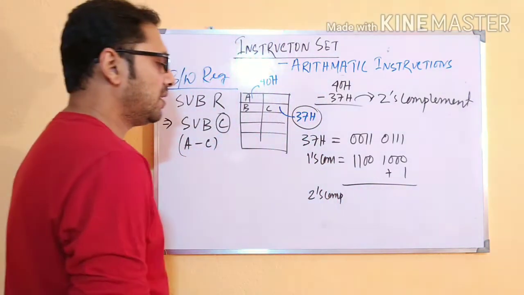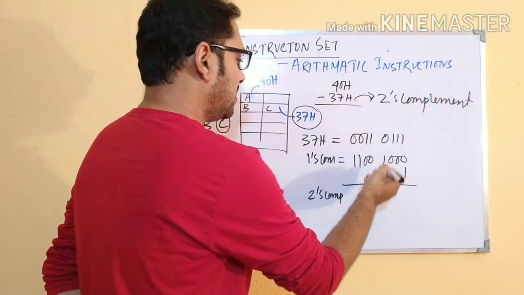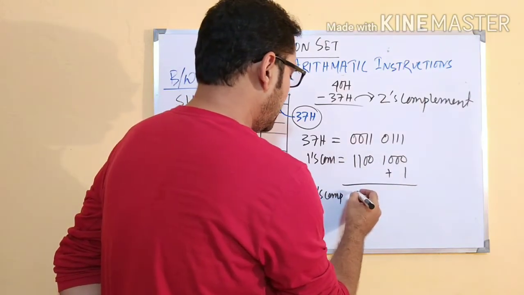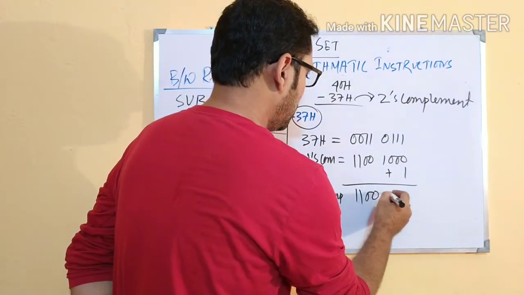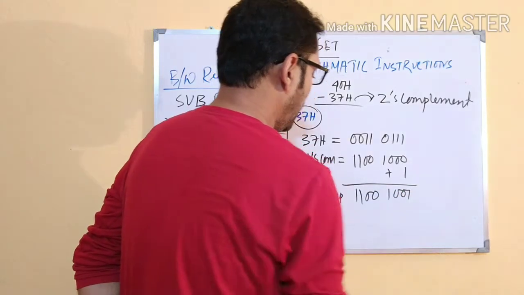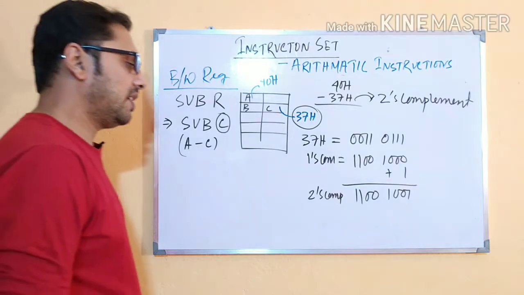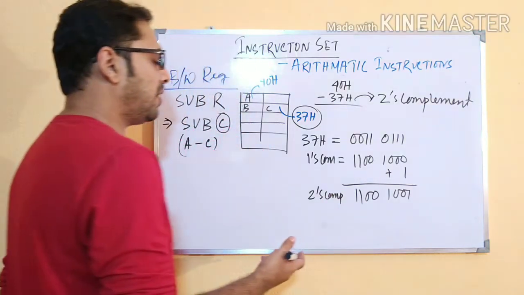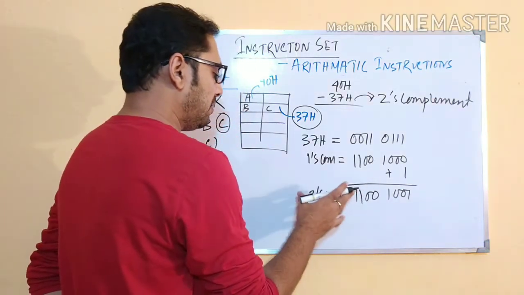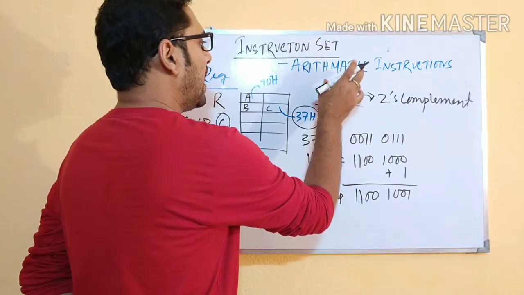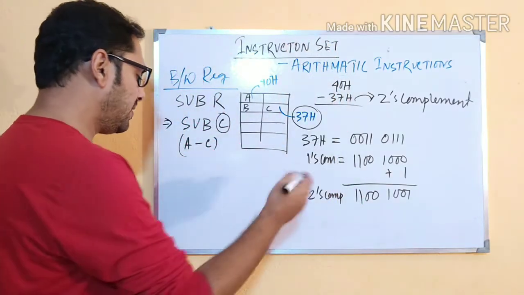So if we perform the addition, the result is 11001001. That is the 2's complement of 37 hex. Then we need to perform addition between this one and the content of the accumulator.